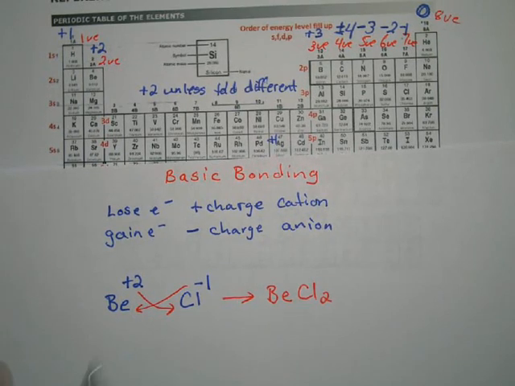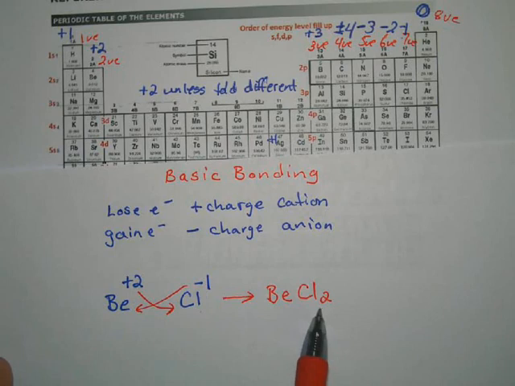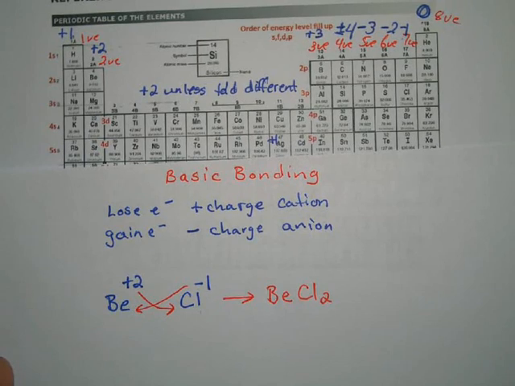All you do is put the two elements together and switch their oxidation numbers. So this is basic ionic bonding. So, one quick caveat here.